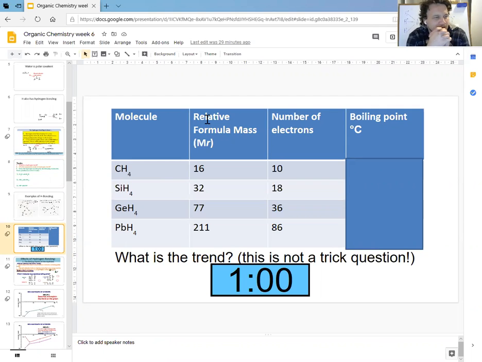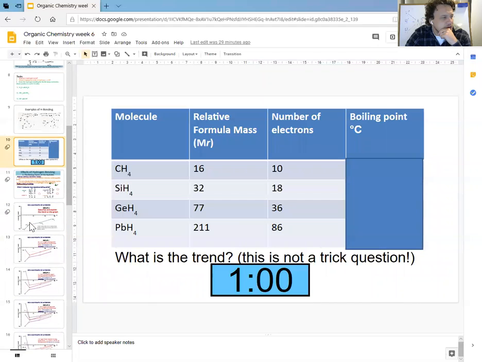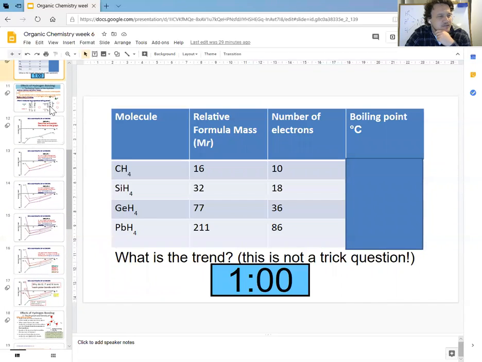So again, here is a 30-second timer. What do you think the trend is? Think the boiling point would increase? That could be one of the tutorial questions. So as the number of electrons increases in anything bound with hydrogen, what happens to the boiling point?